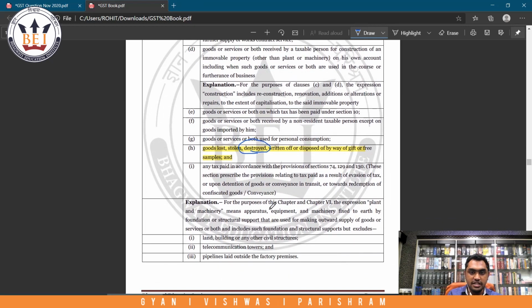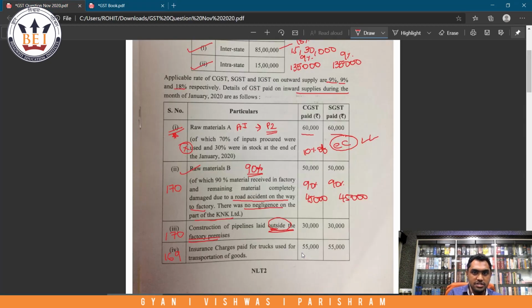In plant and machinery, they say that plant and machinery will not include pipelines laid outside the factory premises. That means this will be considered under blocked credit. So as per this, if you come back to our question, this will also be blocked.